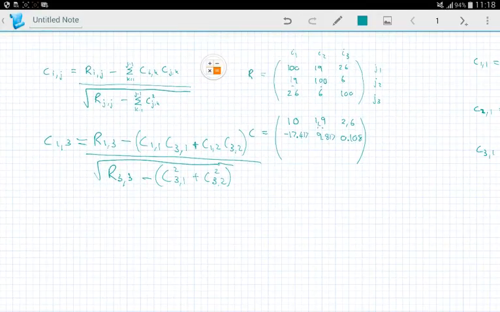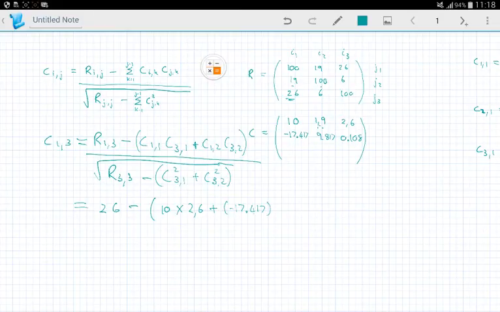Okay, let's now figure this out. R1,3 is this value here, 26. 26 minus C11, which is 10 times C3,1, which is 2.6, plus C1,2, which is negative 17.417.